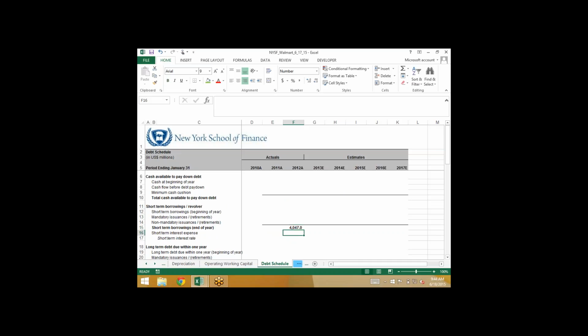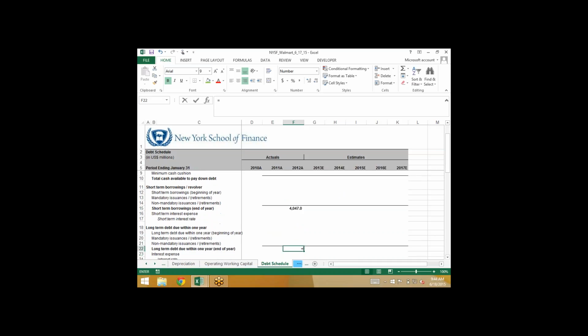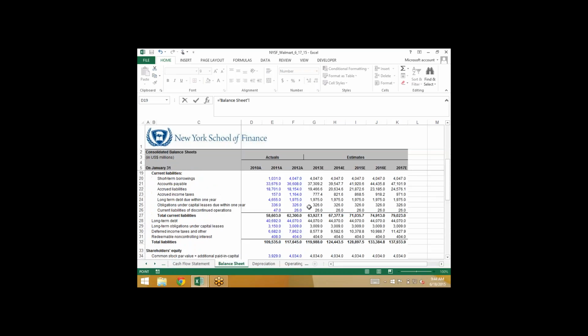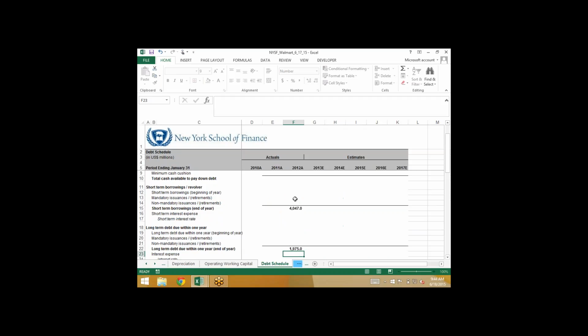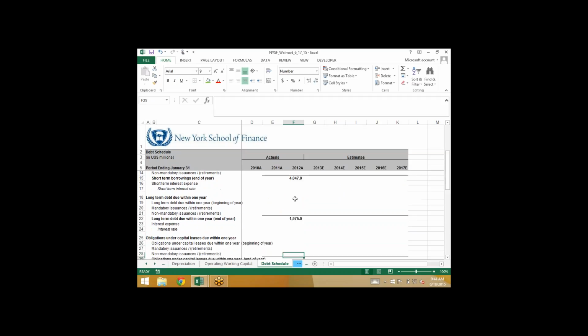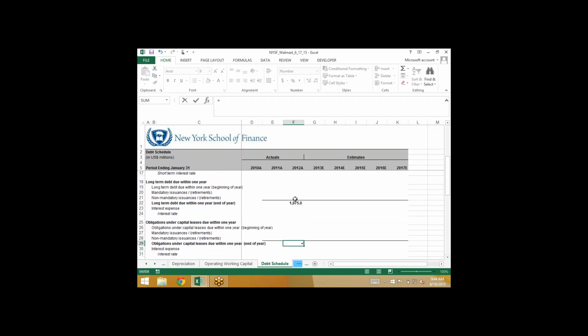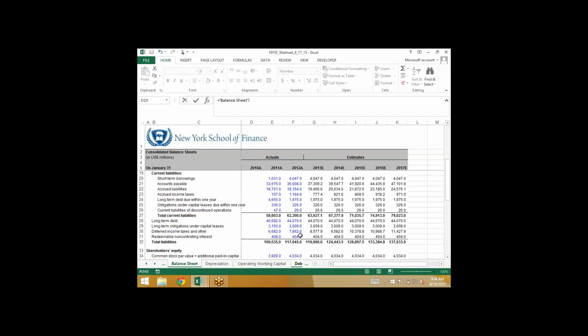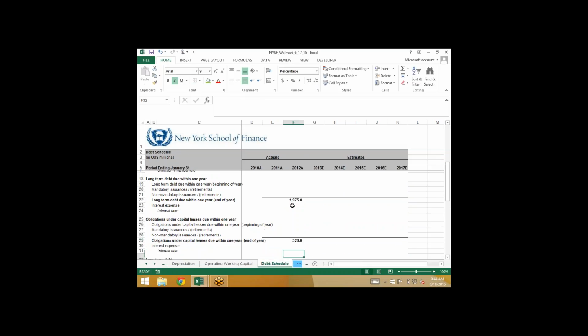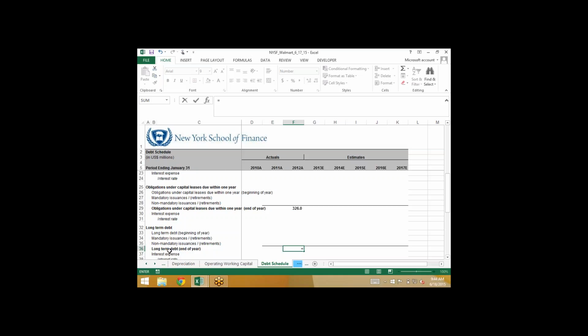Long-term debt due within a year. Same idea. We're going to pull in long-term debt due within a year from the balance sheet. Obligations under capital leases due within a year from the balance sheet. Long-term debt.